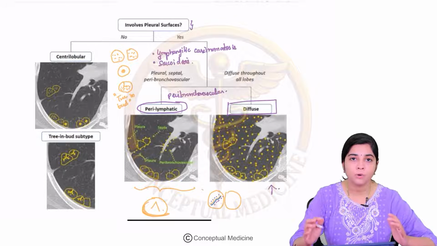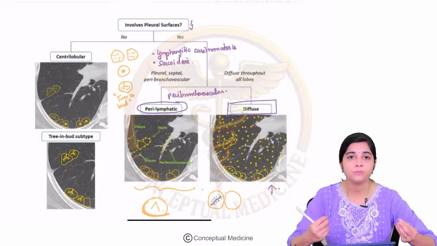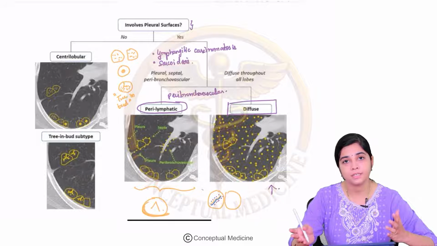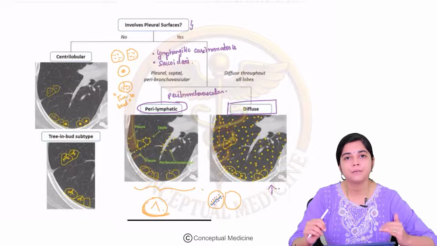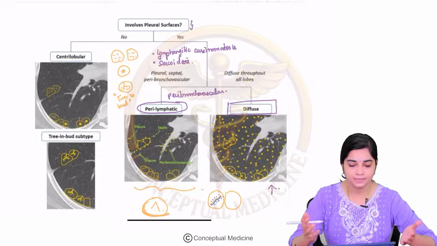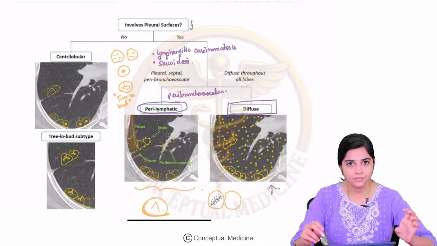Okay, so what are we looking at? To understand the different patterns of ILD, before we go on and try and understand each of them, we should be knowing certain terms which basically refer to the appearances on the CT scan. We have understood how we describe the nodules and changes on the CT scan to diagnose an ILD.